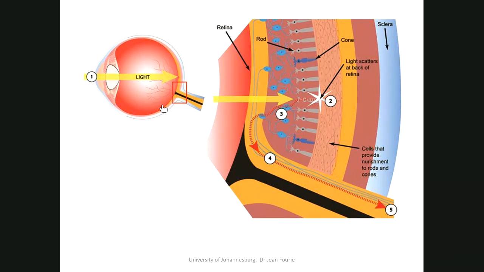So this is a bigger picture of what is happening at the retina. So the retina has got these endings, nerve endings of the sensory nerves, and these nerve endings are very sensitive to the light that is coming into the eye. These nerve endings are activated by light.